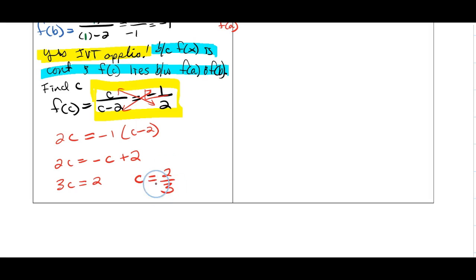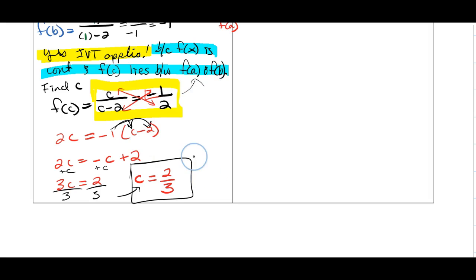C equals 2/3. Our intermediate steps here: distributing, add a C to each side, divide each side by 3. Gives me C equals 2/3. So when C is 2/3, that gives me my y value, f of C, of negative 1/2, and that lies between f of A and f of B.